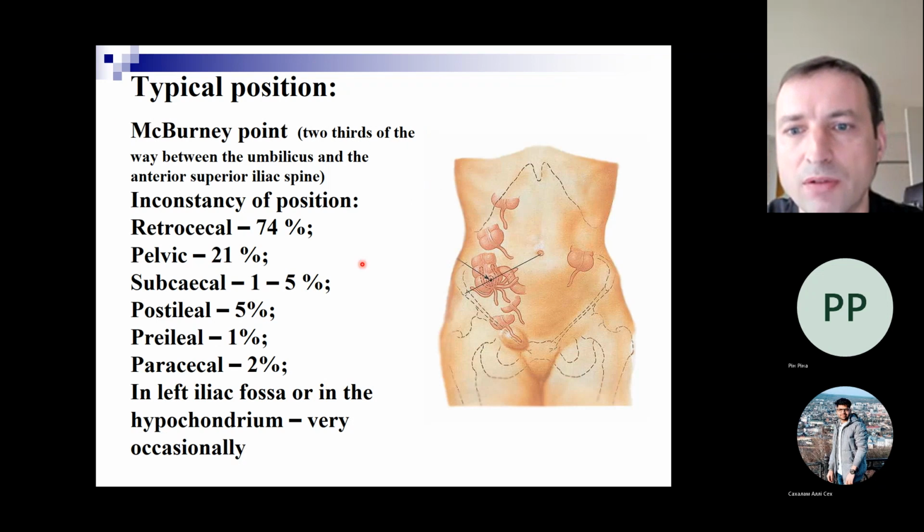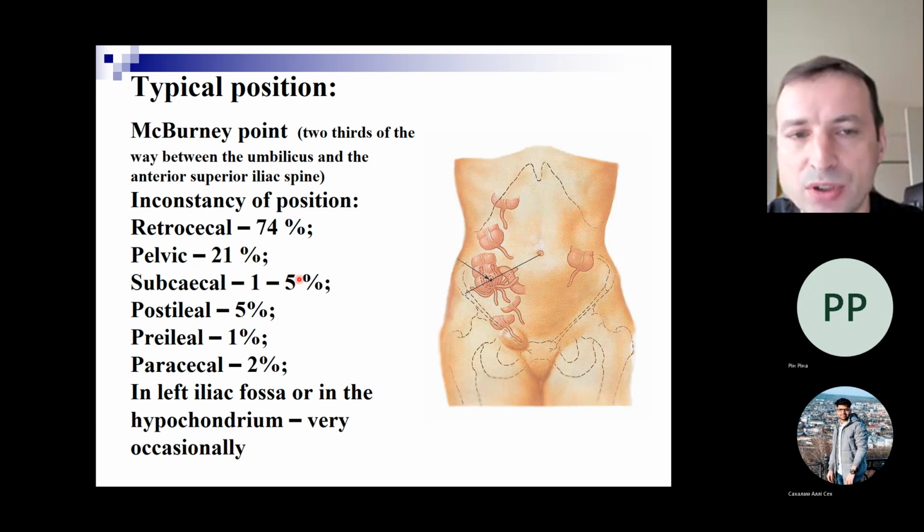The typical position of the appendix is at McBurney's point. It is two thirds of the way between the umbilicus and the anterior superior iliac spine. Pain at this point during palpation is named McBurney's sign.